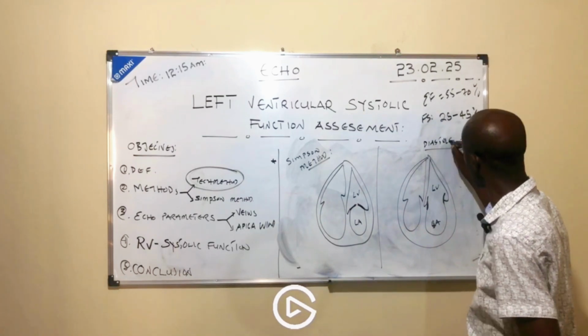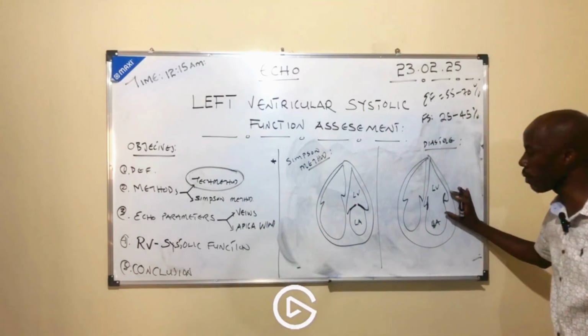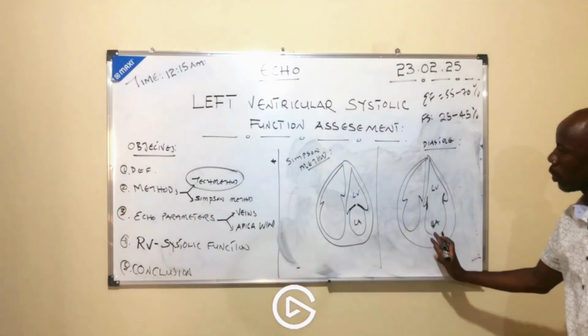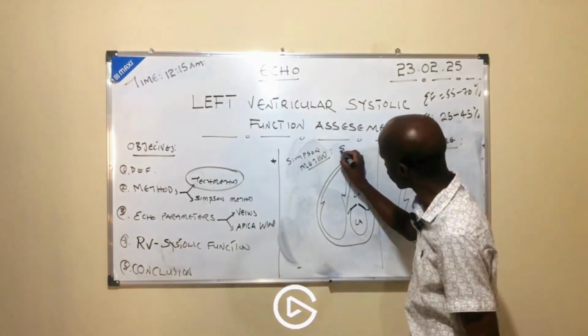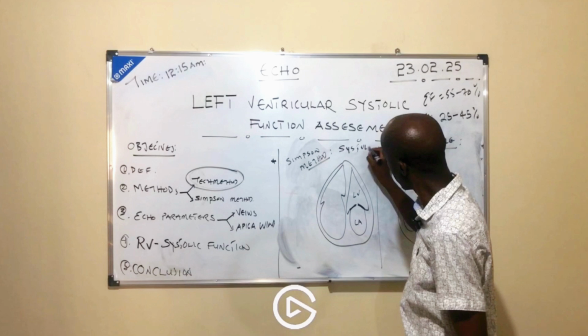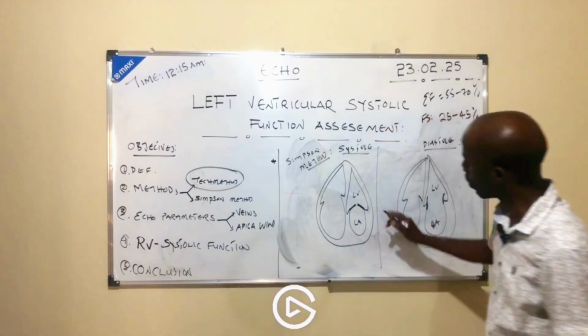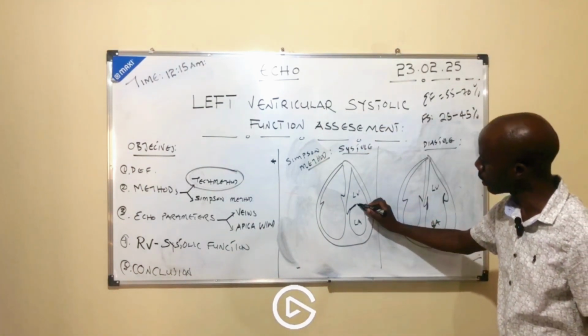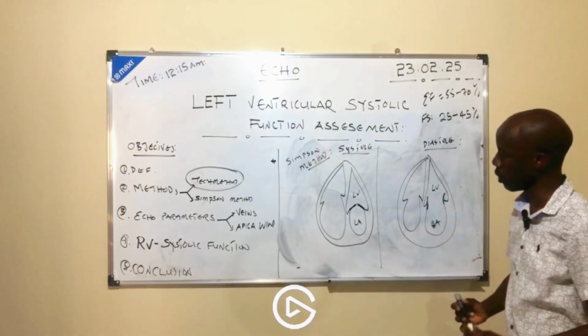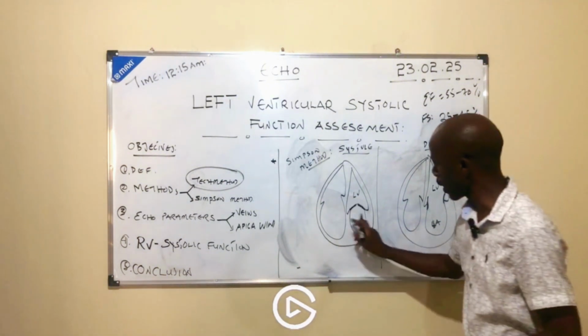Diastole simply means your mitral valves are open and the aortic valves are closed. And this is in systole. In systole, the mitral valves are closed and the aortic valve is open. Remember, you can actually see them together.